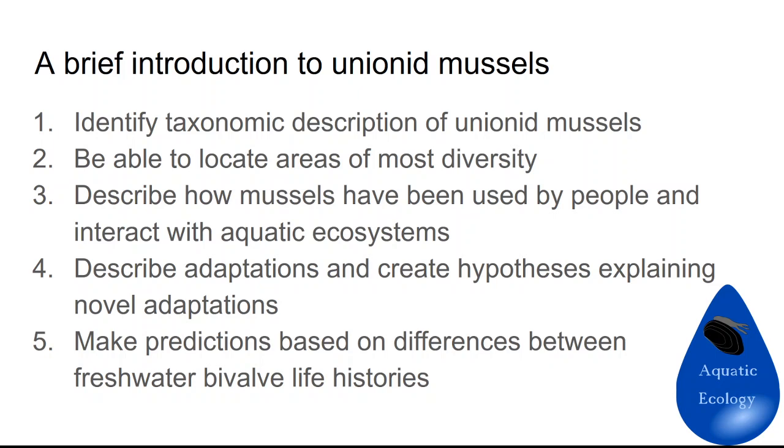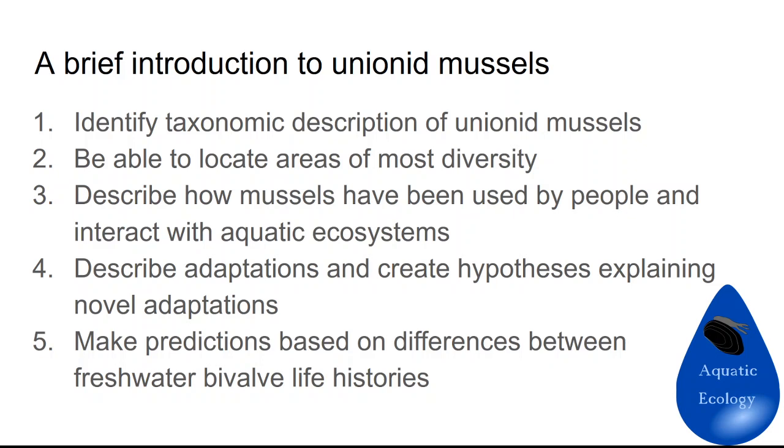You should be able to point to where mussels have diversity, and I want to reemphasize that North America has about a third of the global diversity of freshwater mussels that we know about. And that may change as we understand different mussel communities globally. But right now, North America is a great place to study freshwater mussels. We have a lot of diversity here.